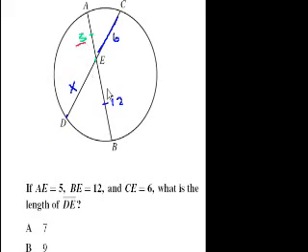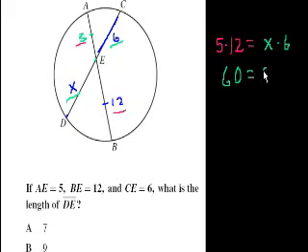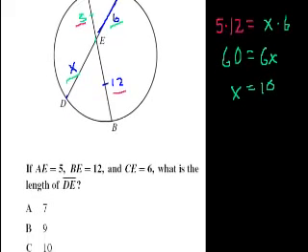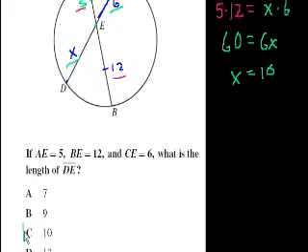So the two segments of chord AB, 5 times 12, are going to be equal to these two segments multiplied by each other. It's going to be equal to x times 6. So you get 60 is equal to 6x. Divide both sides by 6. You get x is equal to 10. And that is choice C.